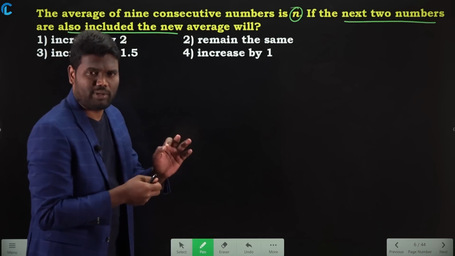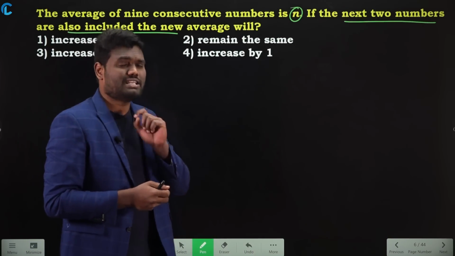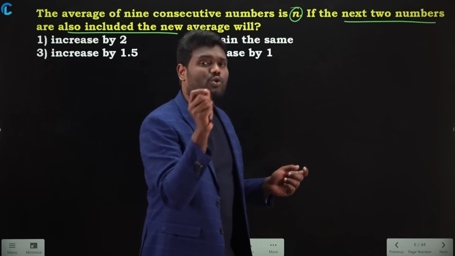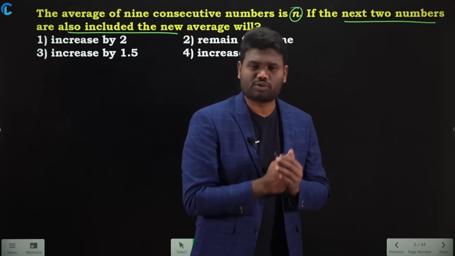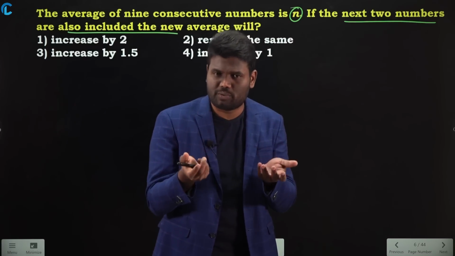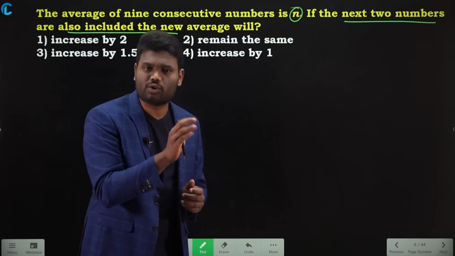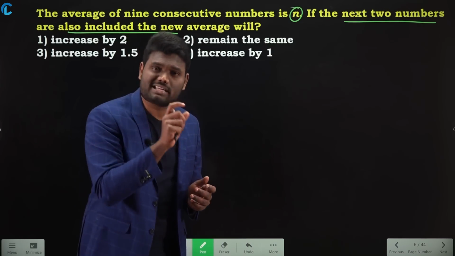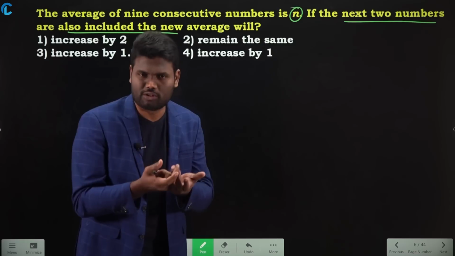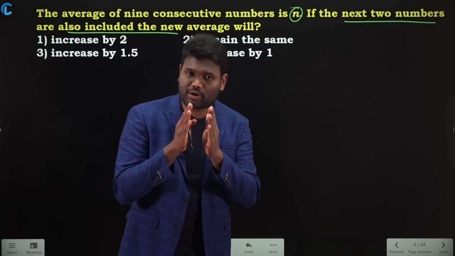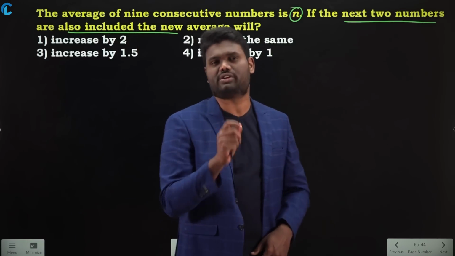Just observe the sequence, and you will get an idea. Whenever you have these types of questions, understand the question clearly. If you understand the question clearly, then solving becomes simple.